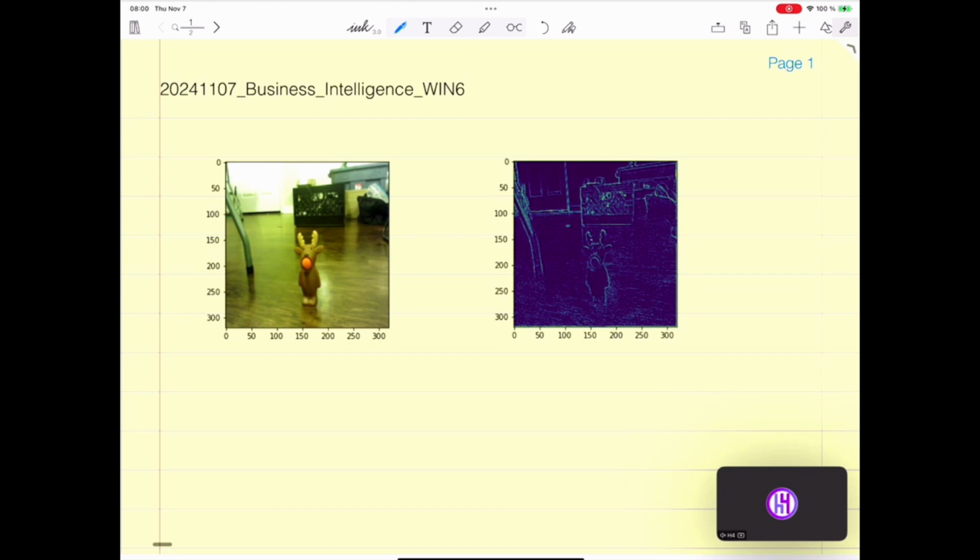Journey of understanding deep learning with our pencil, okay? So this is deep learning by hand. Part 2, okay?